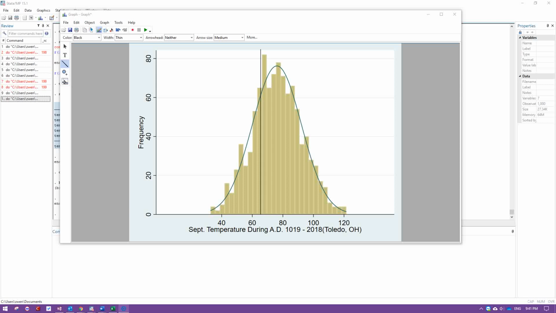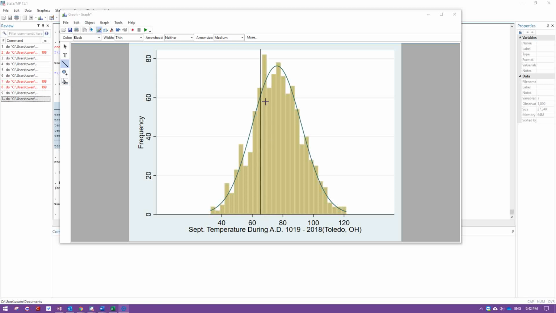If the same weather pattern repeats again this year and going forward, it is very likely the weather will follow the previous 1,000-year pattern, which is presented on the screen in front of you. So I drew a reference line. My question was, what is the probability of weather being less than 65 Fahrenheit? So 65 is here.